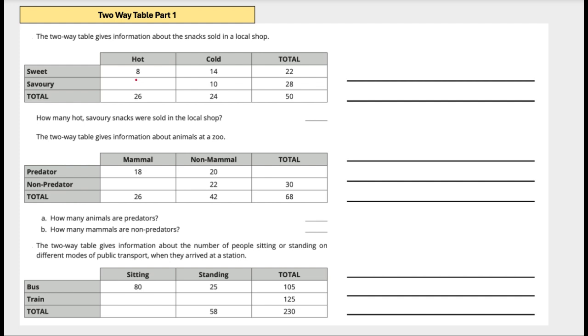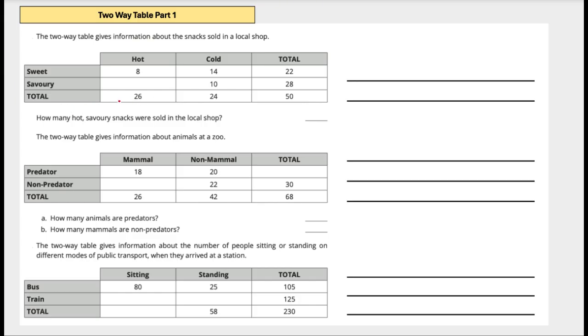So it's saying here that there were 8 sweet snacks sold at a shop that were hot. There is 14 sweet snacks at the shop, but they were cold. So in total, there was 22 sweet snacks. Same again.